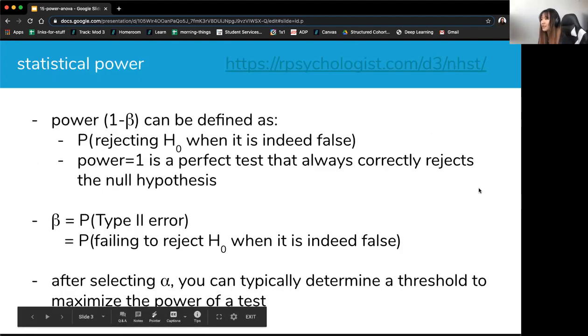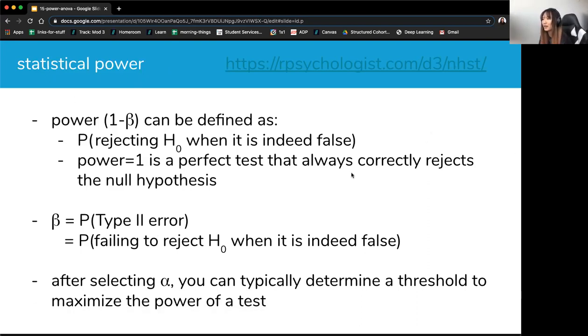All right, so let's start with statistical power. I think end of last week we had talked about statistical power being defined as 1 minus beta, and beta is the probability of a type 2 error, which is a false negative. And so it is also defined as the probability of rejecting the null hypothesis when it is indeed false.